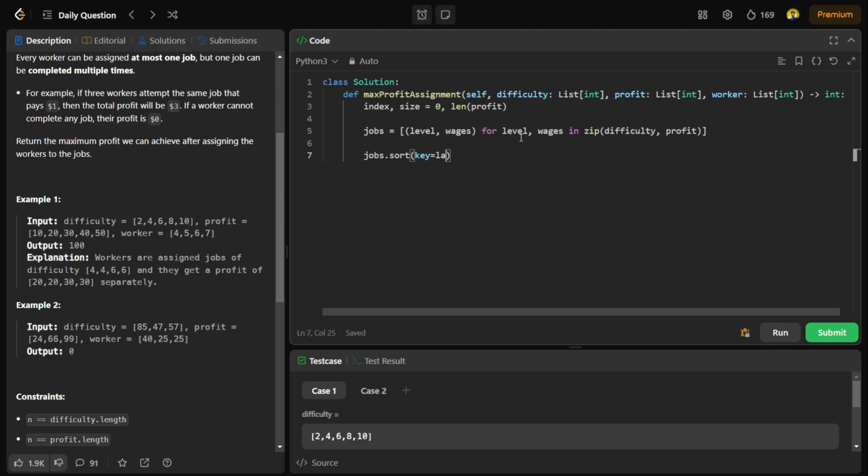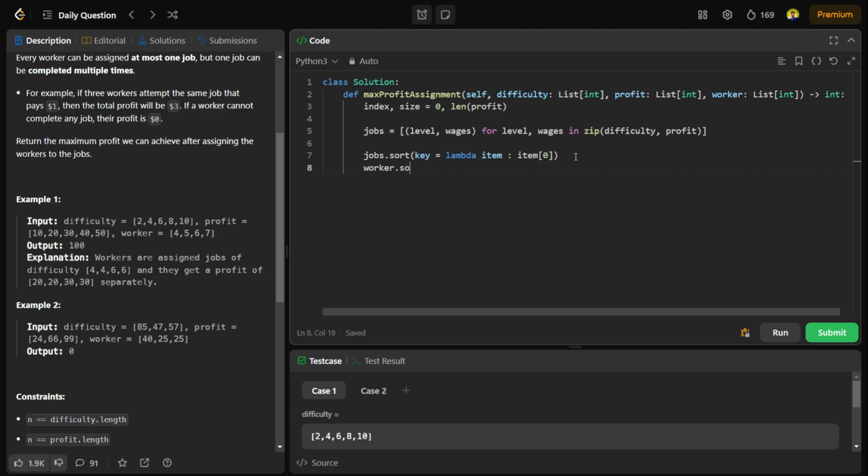I'll say lambda item, sort based on item's first index. So it will give me the sorted data based on the difficulty level, because we have passed difficulty level as the zeroth index and wages as the first index. So it will get sorted. Similarly, I need to sort my worker array. Okay.